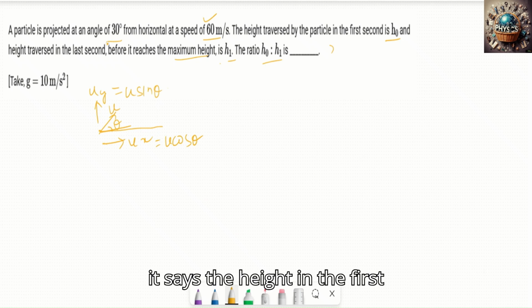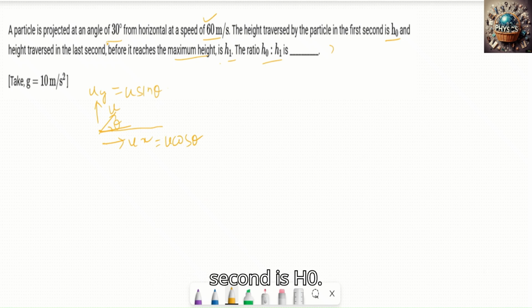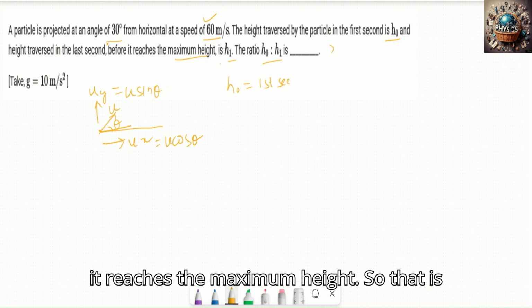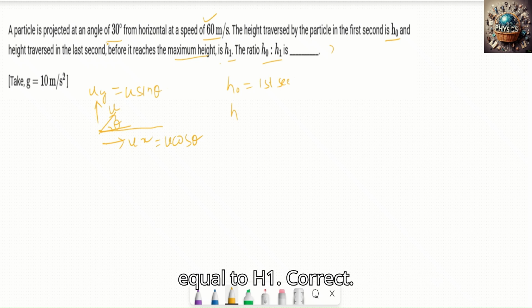Now it says the height in the first second is h0, and the height traversed in the last second just before it reaches the maximum height is h1, correct?